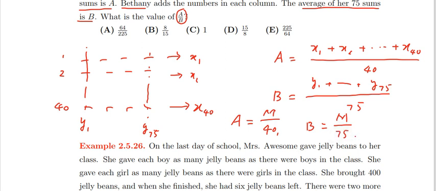So A over B, cancel the m, equals 1 over 40 over 1 over 75, which is just 75 over 40. So we check which answer is 75 over 40. I think it's D.